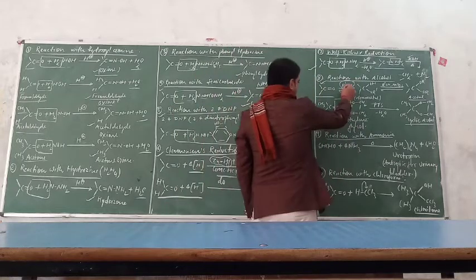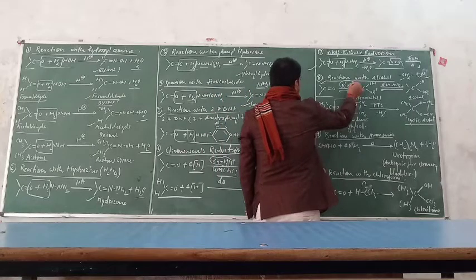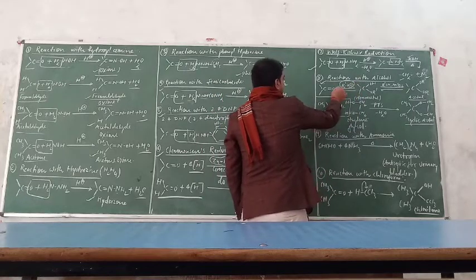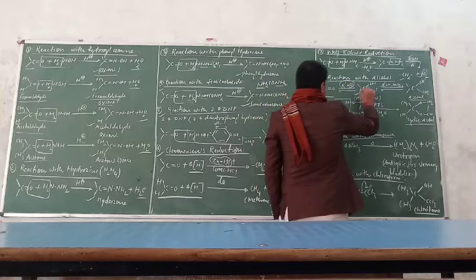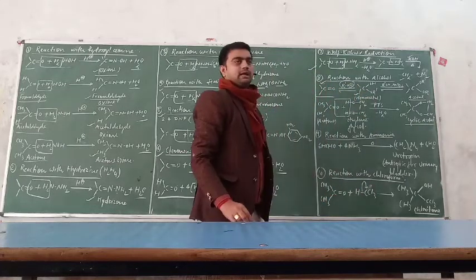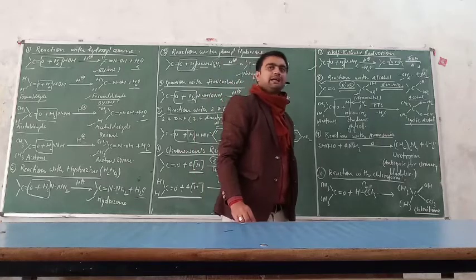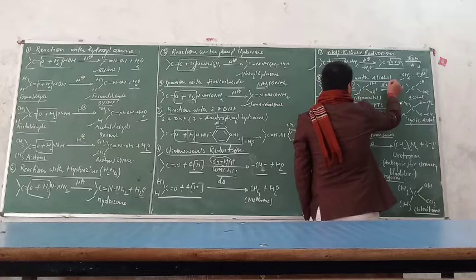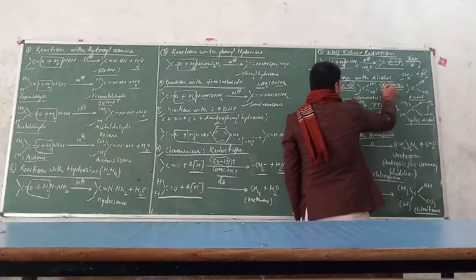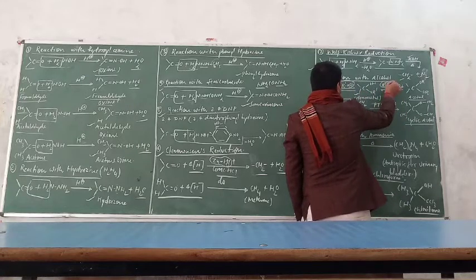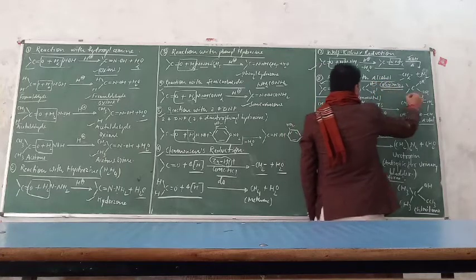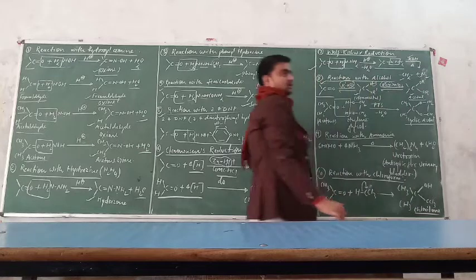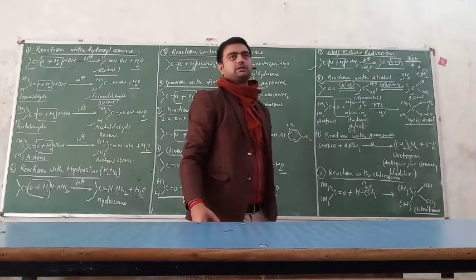In R-OH, hydrogen attaches to the oxygen and OR attaches to the carbon. Then the product will be like this, and the compound name is hemiacetal. Clear? And when this hemiacetal is again treated with R-OH, the OH group and the hydrogen form a water molecule, and OR will come here, and the compound is known as acetal.